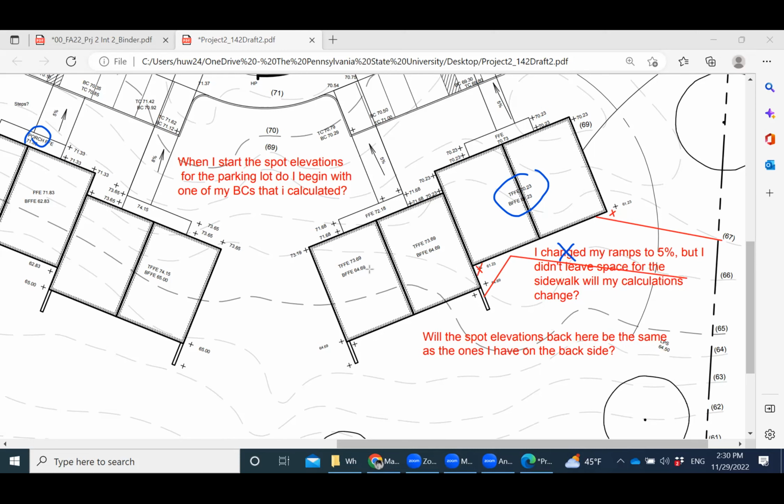This one could. If this BFFE is 64.69, that would be 64.69, right? And then my 64 would be somewhere here. Okay. 2. We need 2.